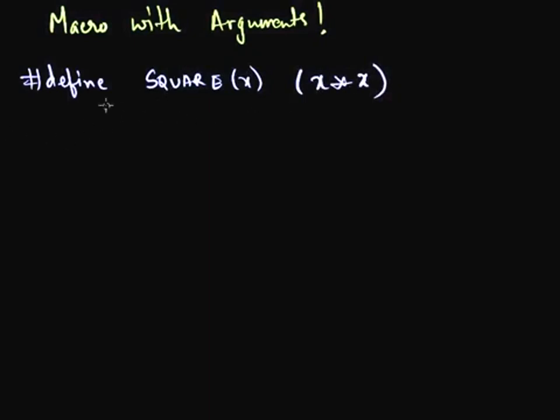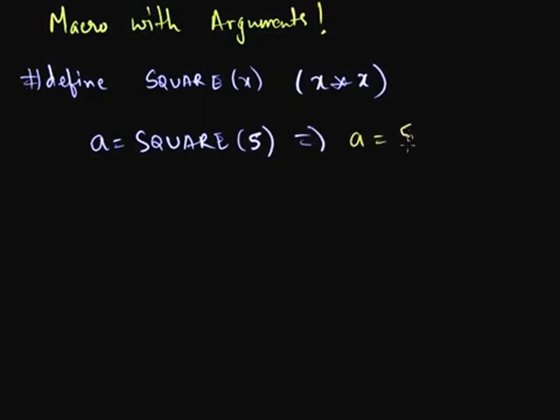So this way a macro can accept an argument. So if you have a is equal to square 5, it will be replaced by a is equal to 5 into 5. Now this 5 goes here and it is replaced like this: x into x, 5 into 5.